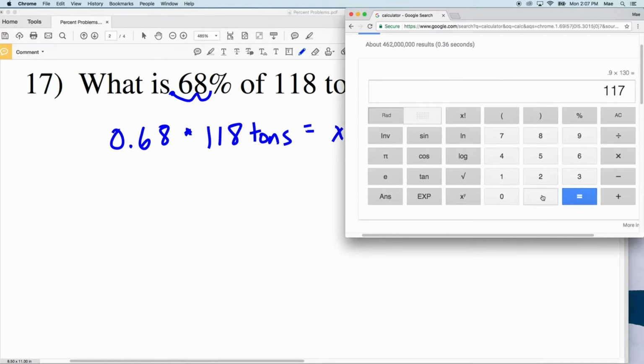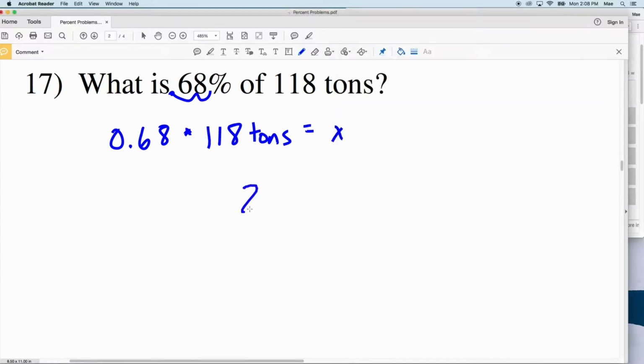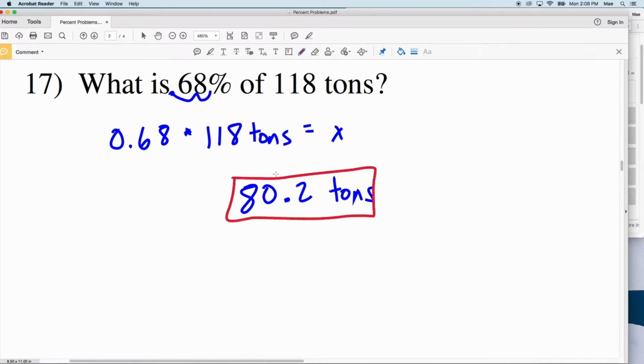So we're going to multiply 0.68 by 118, and that's going to give us 80.24, which rounds, since we're rounding to the nearest tenth, to 80.2. So 80.2 tons is the answer for number 17, since 68% of 118 is 80.2 tons.